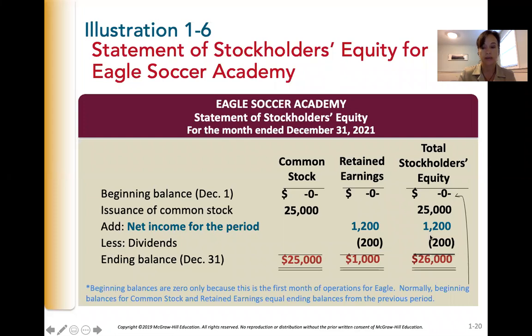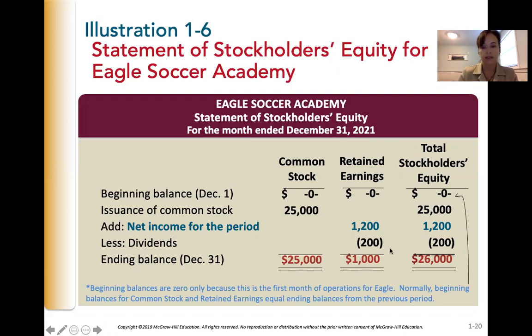So you also want to make sure when you carry it over to the total column that you show that as a negative as well. When you go to do this in your Connect homework, you either need to put a negative sign before the 200 or you have to put the 200 in parentheses to show that you are subtracting it. Okay, that for right now are the only three things that could have an impact on stockholder equity.